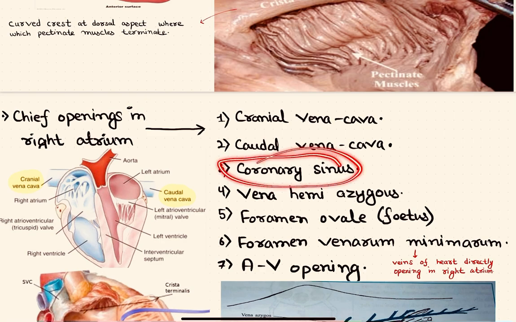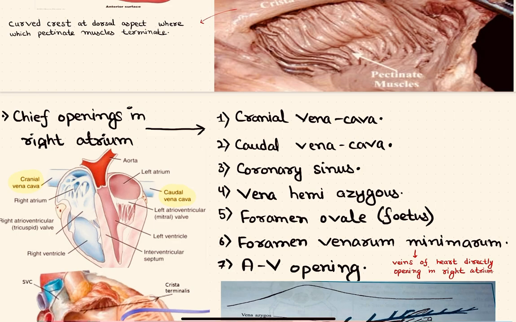What is the coronary sinus? The coronary sinus is the blood vessel of the heart's own blood supply, carrying the heart's deoxygenated blood. Like the heart also has muscles, those muscles need oxygen via blood. That deoxygenated blood from the muscles of the heart needs to go into the right atrium.